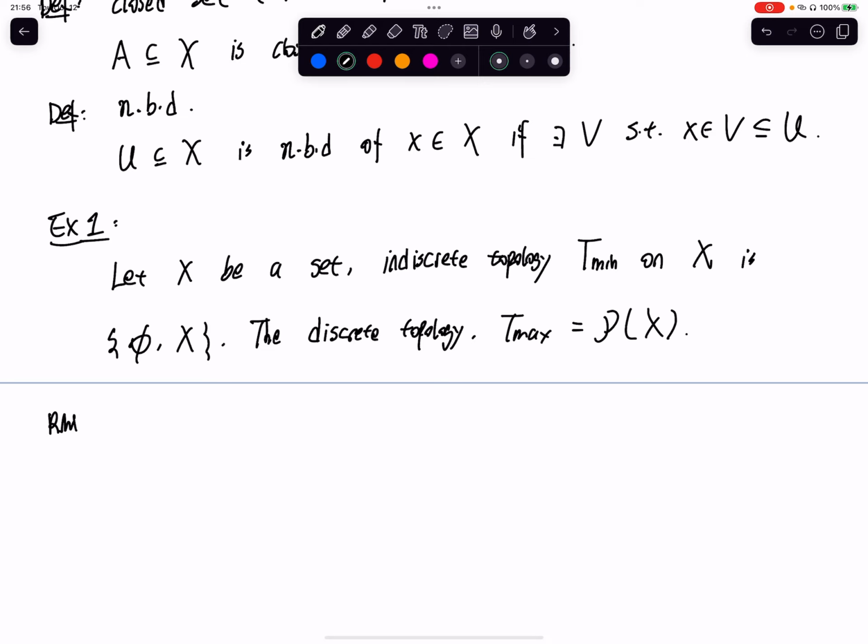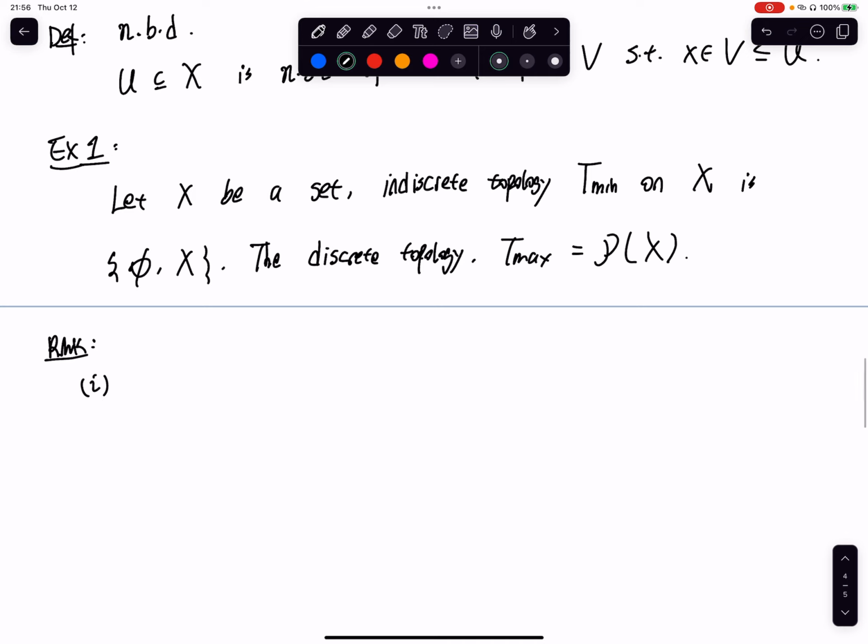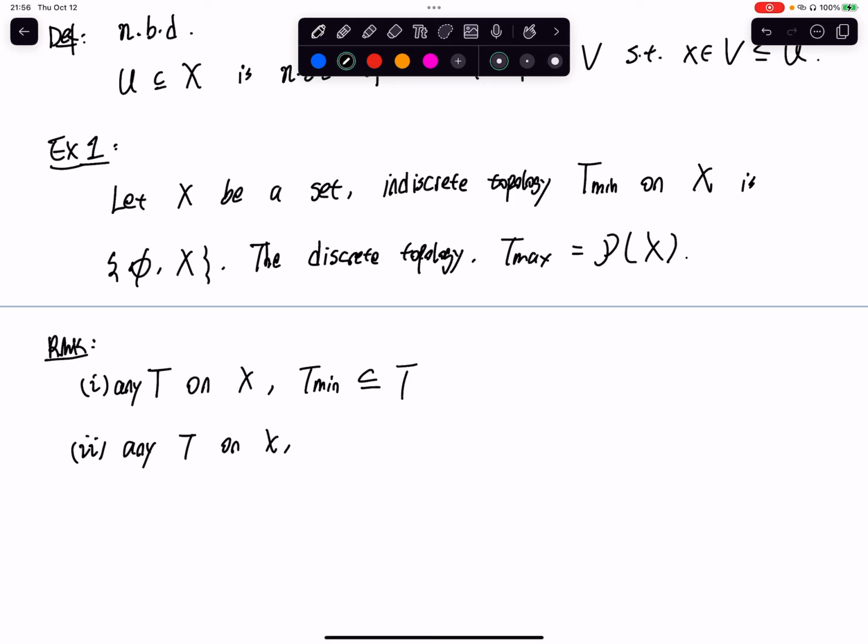Remark. They are named this way for a reason. For any topology T on X, we have T_min is smaller than T. And for any T on X, we have T is smaller than T_max.